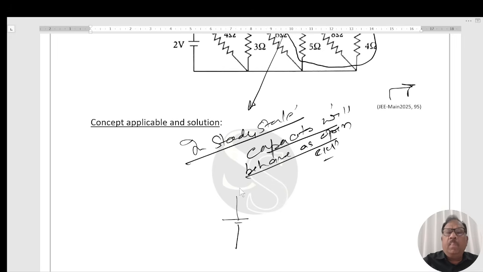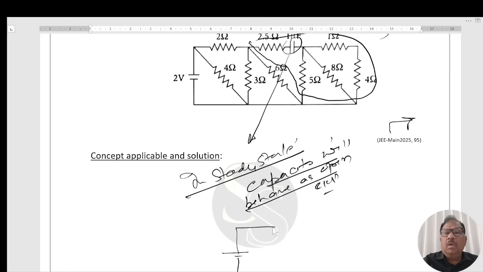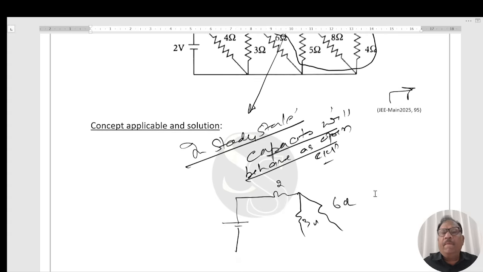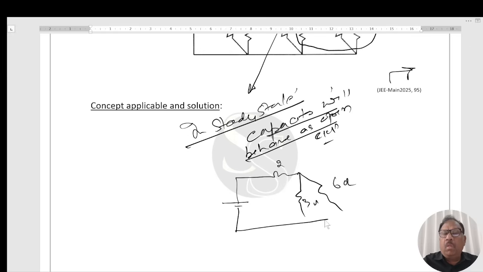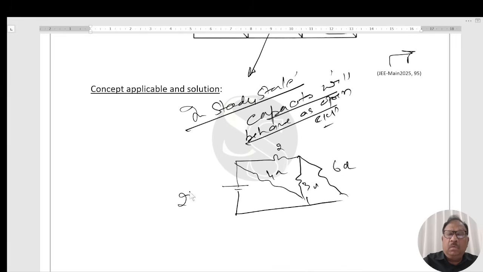2 volt, 2 ohm, 6 ohm, 3 ohm, 2 ohm, and 4 ohm, 4 ohm. This is the 2 volt.